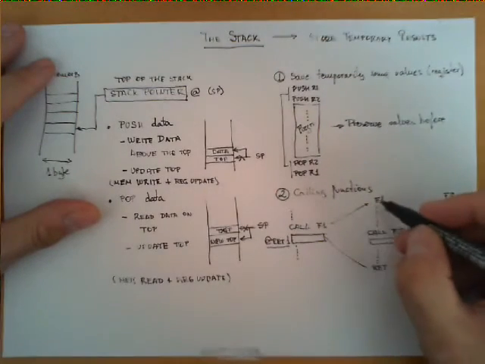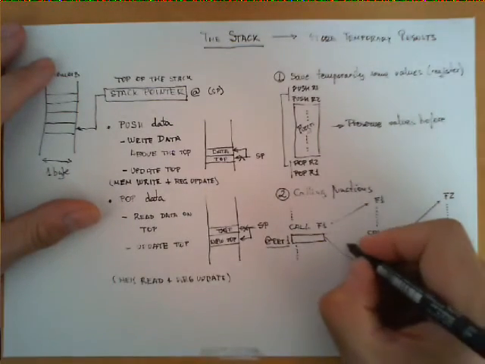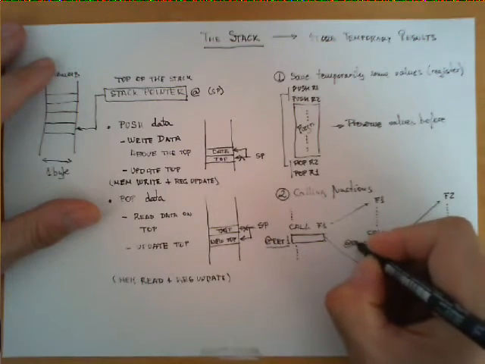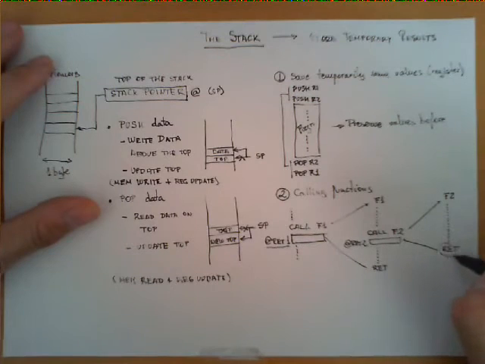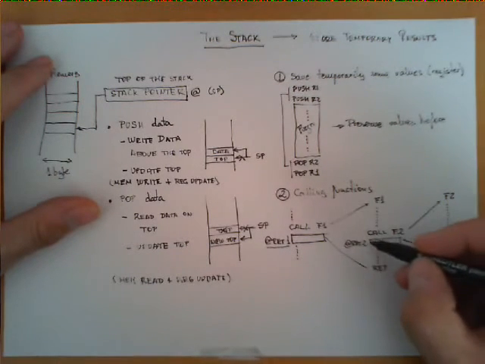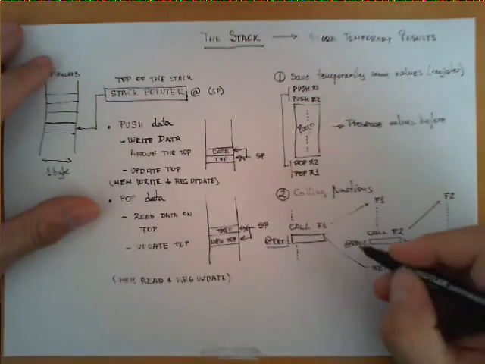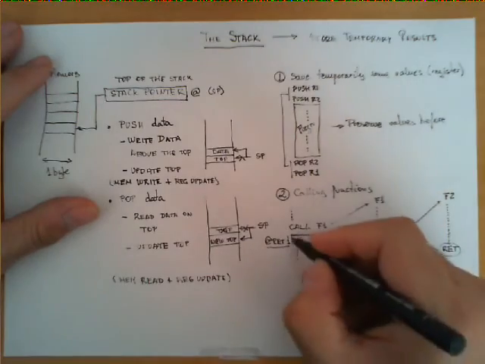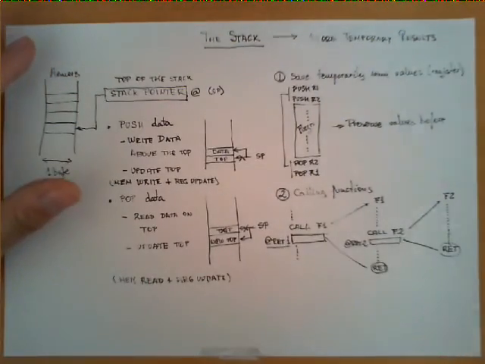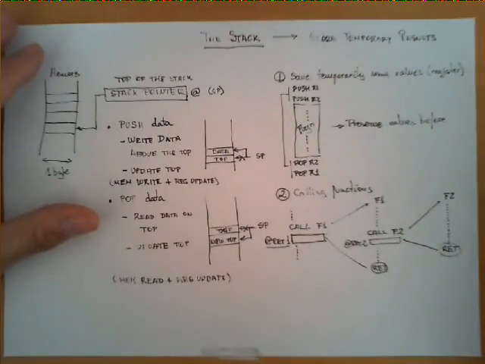As a matter of fact, while I'm executing F1 and I call F2, I need to remember the address to return to. Because then, when I execute the return instruction, what happens is I go back exactly to the address indicated by this value, and when I finish and execute this return instruction, I need to return back to this position. So this can be very easily implemented with the stack.